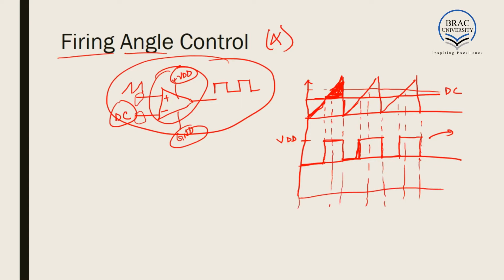For a greater amount of time, the output is 0 and the firing angle changes. The firing angle changes from here to here, because the pulse goes to 1 at a later period.